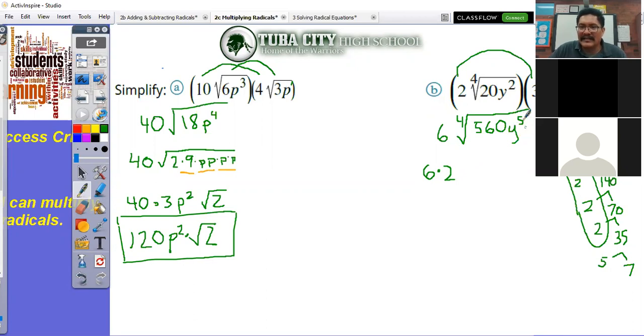But anyway, let's get this y out of here. So I got 5 y's, and this sign says I need 4 of them. So I'm gonna take 4 of these out, which leaves 1 in there. Now we gotta find out what's left in there. So from 560, we took out all the factors of 2, which leaves us with only 5 and 7. So that means this is going to be 35. And like I said, there was 5 y's, but we took out 4, so that leaves 1. So 1 y is still going to be in there.